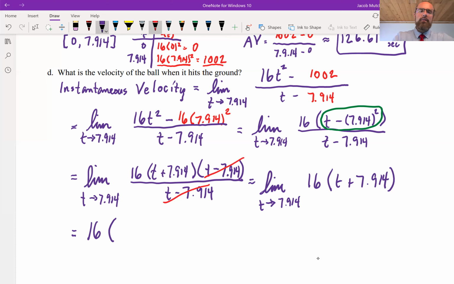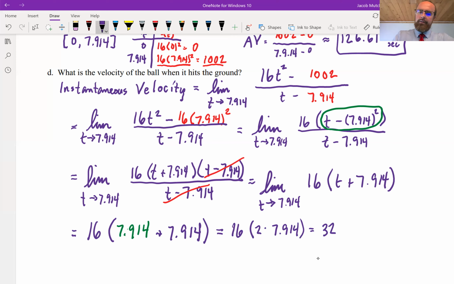Time is substituting in as 7.914 plus 7.914. And I could rewrite that as 16 times, in parentheses, 2 times 7.914, or 32 times 7.914.